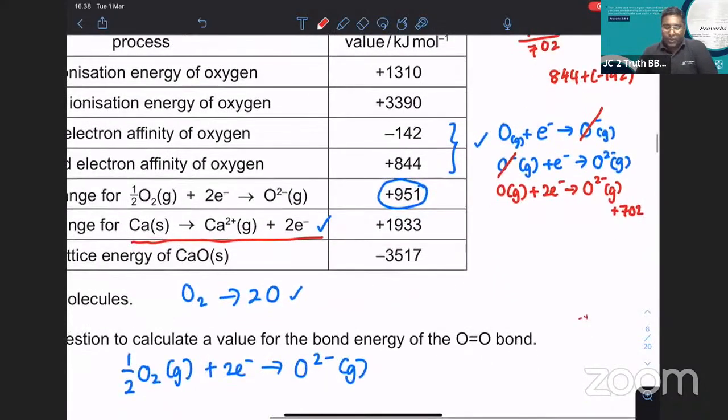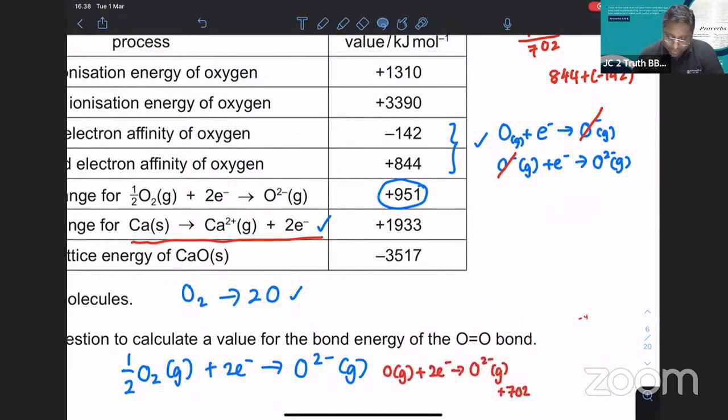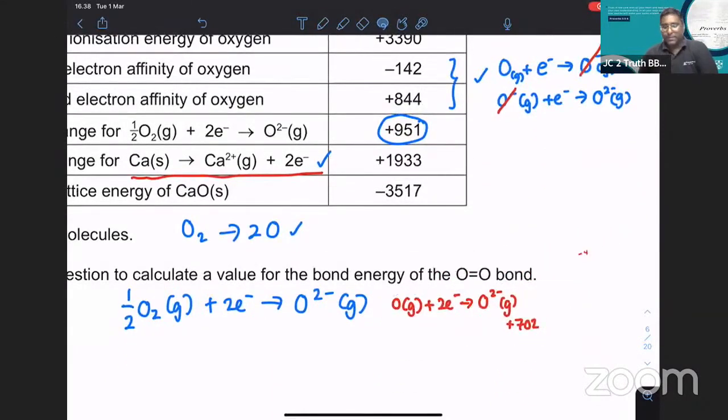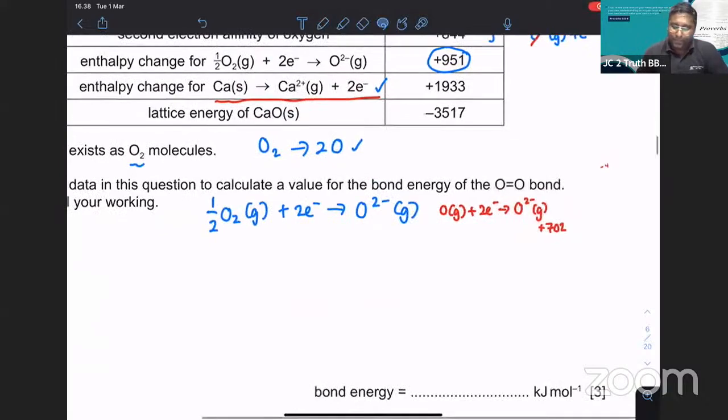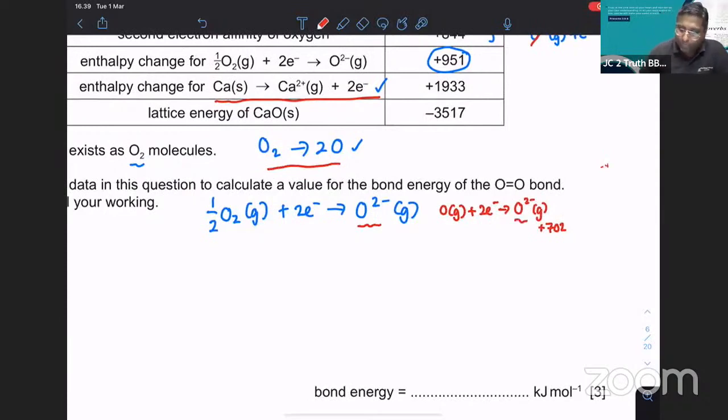So I'm going to use this value, or this equation, to find my bond energy. Before I just straight away rewrite, I can see here I have the O2-, but here I don't have O2-. Is there a way where I can eliminate the O2-? There is a way. How?